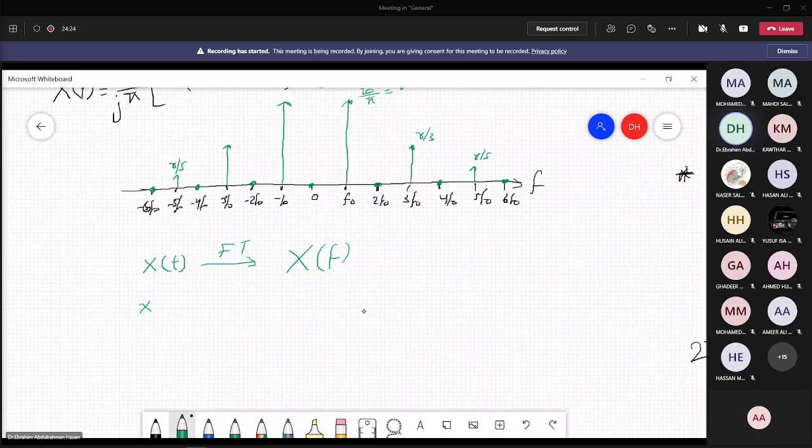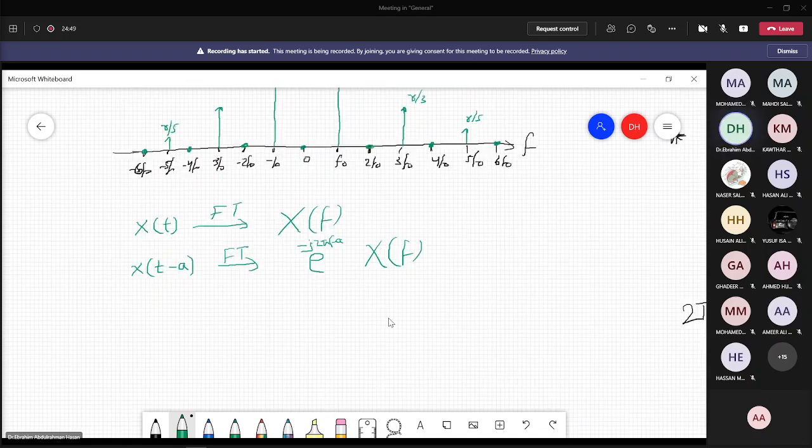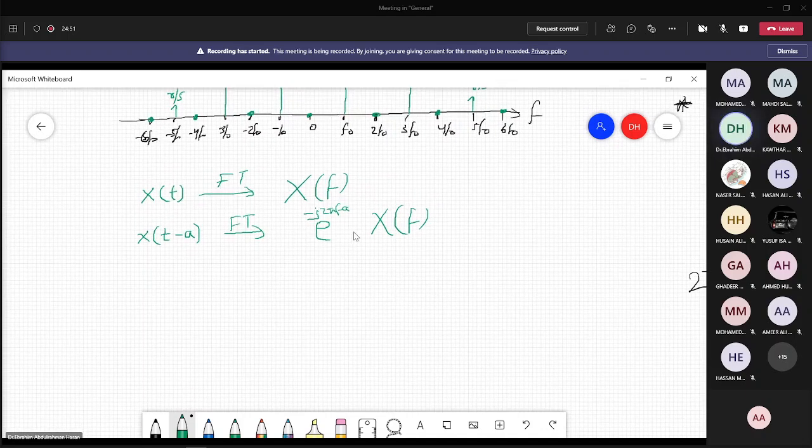Then if we shift it, so t minus a, for example, then the Fourier transform will be exactly x of f, but for this shift we just multiply by e to the power of minus j 2 pi f a. The opposite is also true.